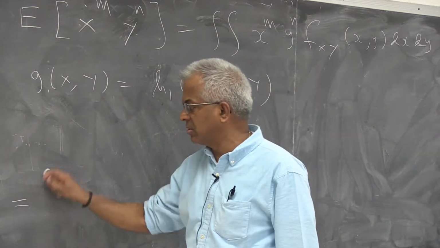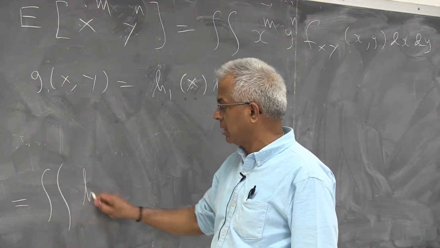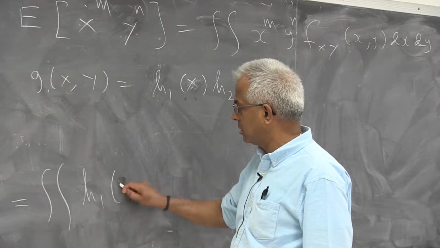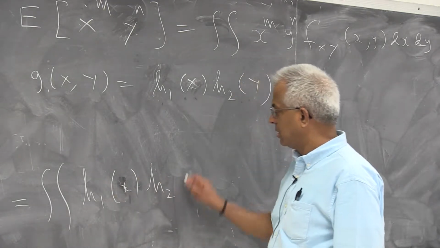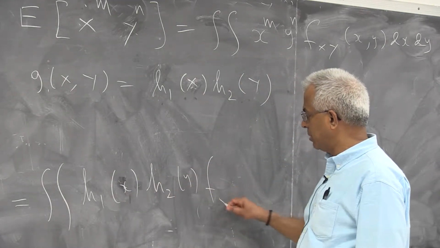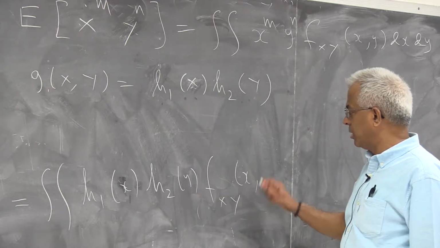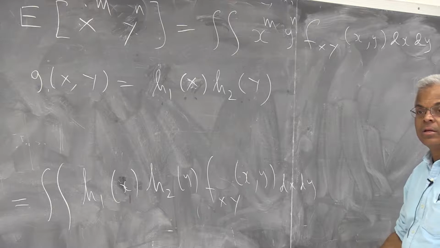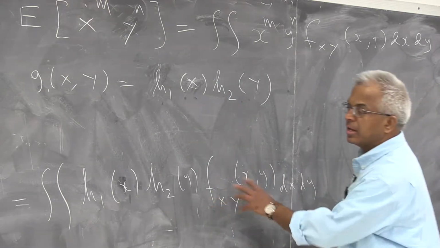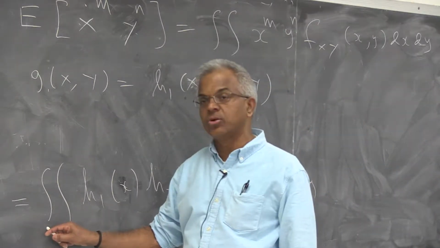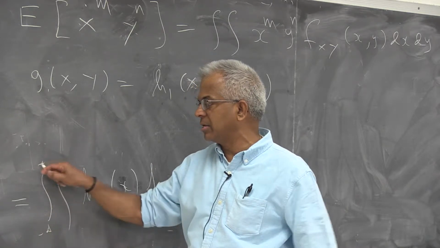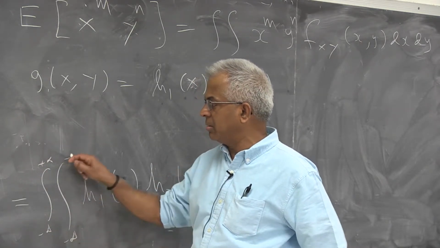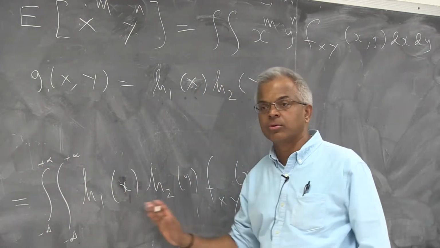In this case, this will become the double integral of h1(x) multiplied by h2(y) multiplied by f_xy(x,y) dx dy, right? Of course, one integration is on x, one is on y. In general, it's like this. Can I write this as the product of two integrals?